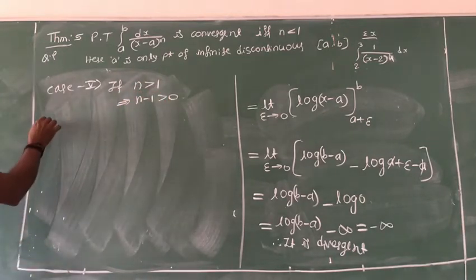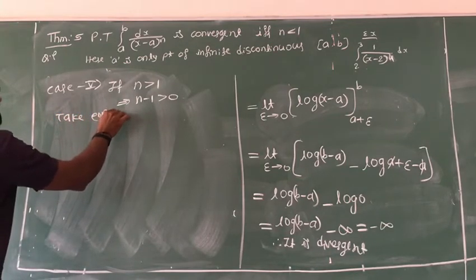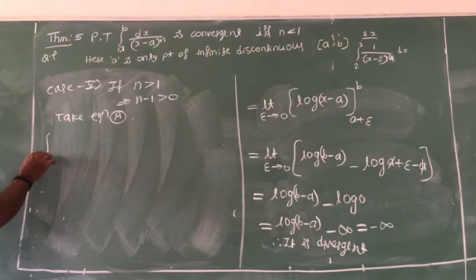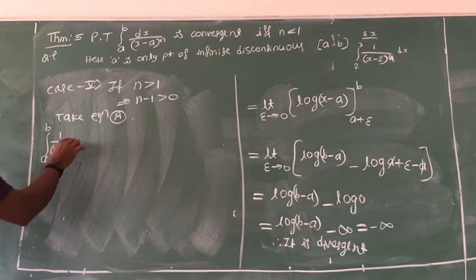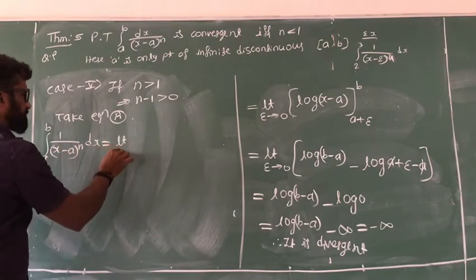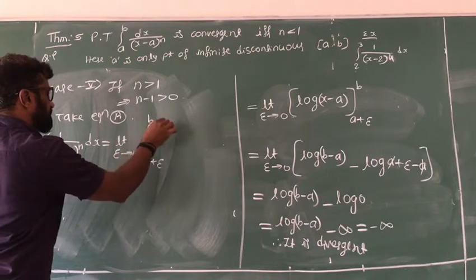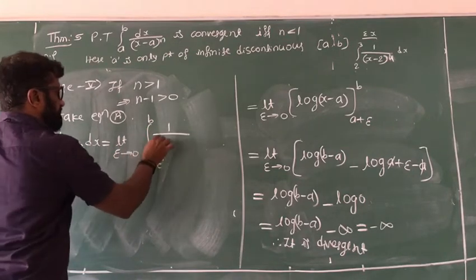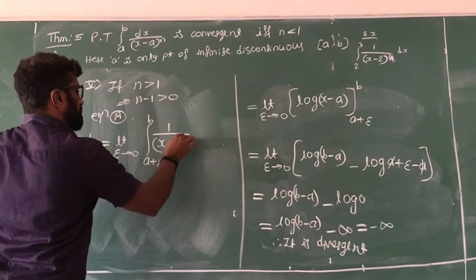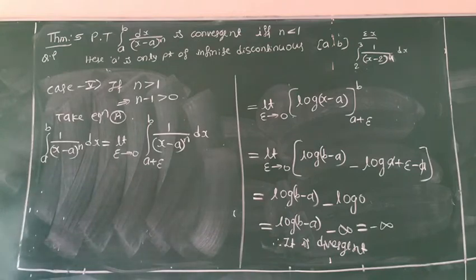So take equation A. Integration of a to b of 1 divided by x minus a raised to n into dx equals limit of epsilon tends to 0 of integration of a plus epsilon to b of 1 divided by x minus a raised to n into dx, right? So take equation A.